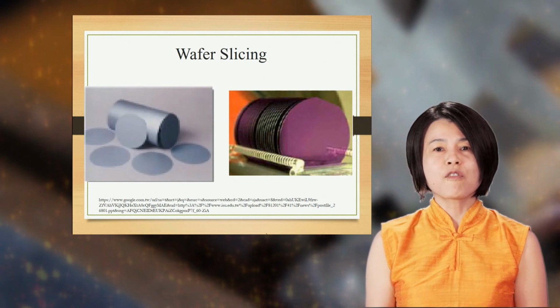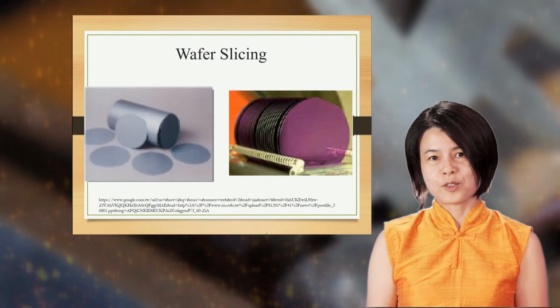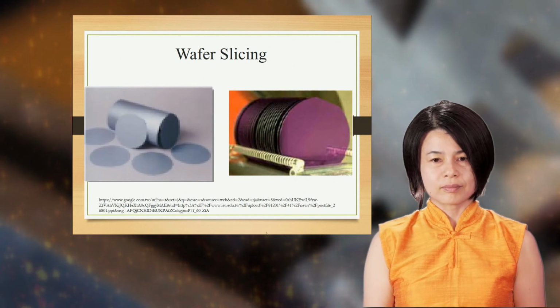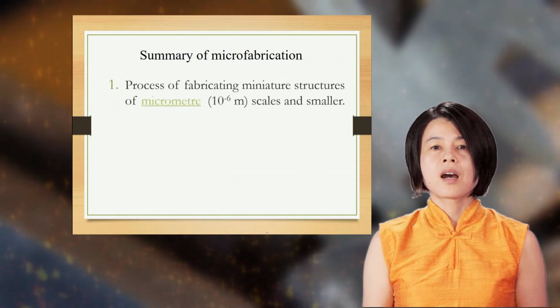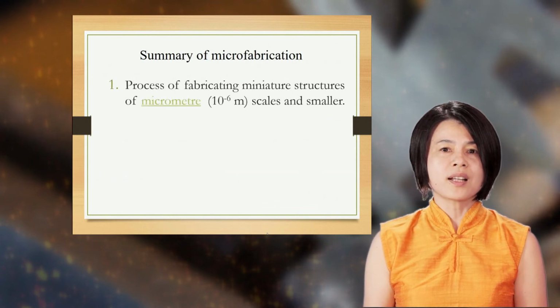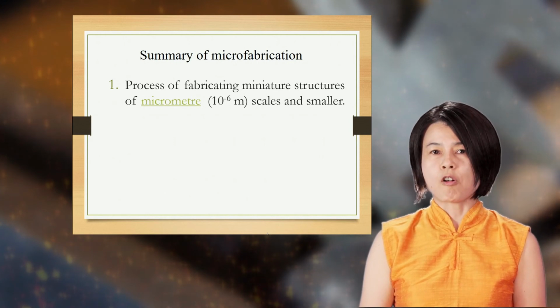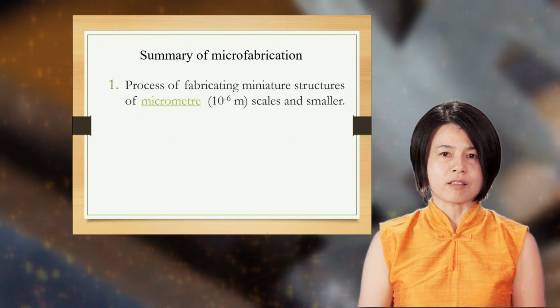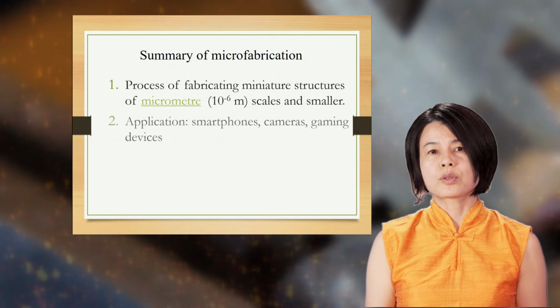Alright, before we move on to the next video, let's summarize what we have learned today. Number 1. Microfabrication is a process of fabricating miniature structures of micrometer 10 to the power of -6 meter scales and smaller. Number 2.